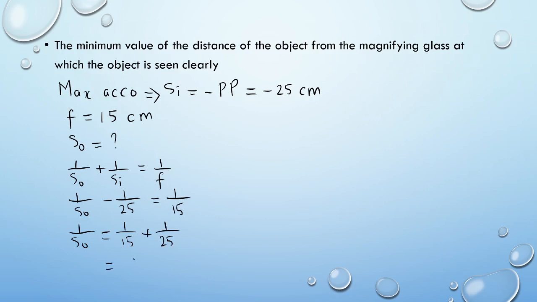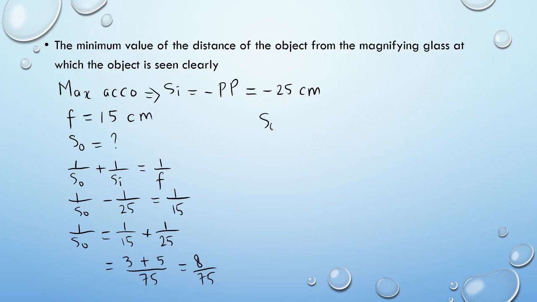This gives us (3 plus 5) over 75, or 8 over 75.